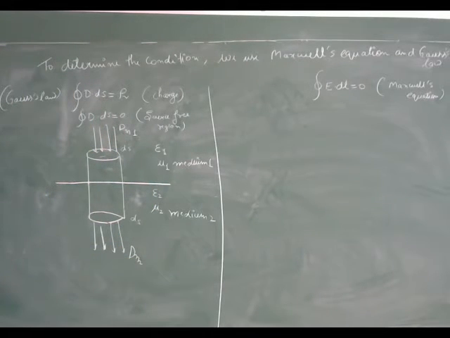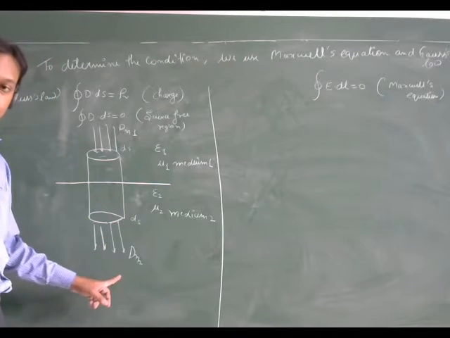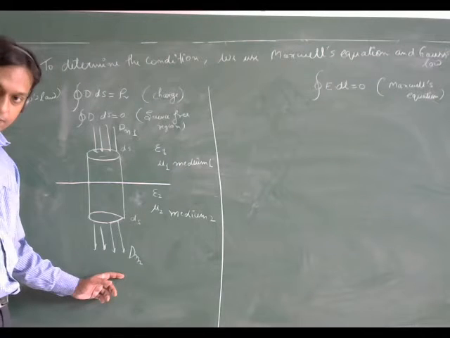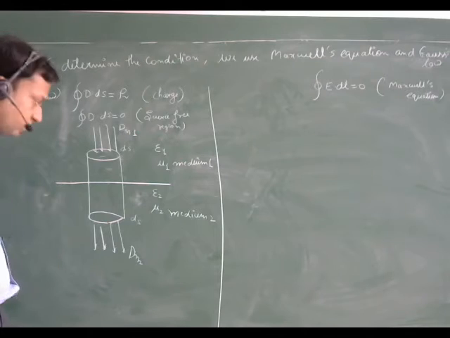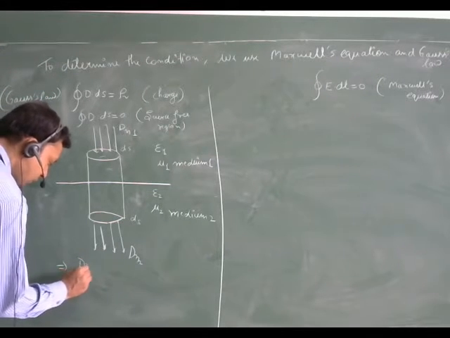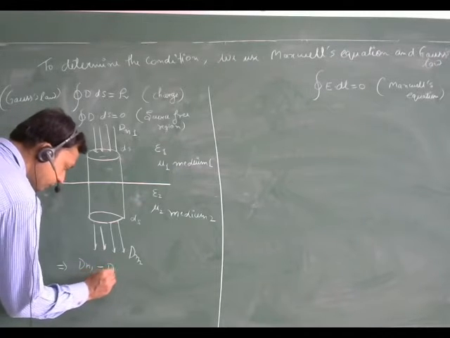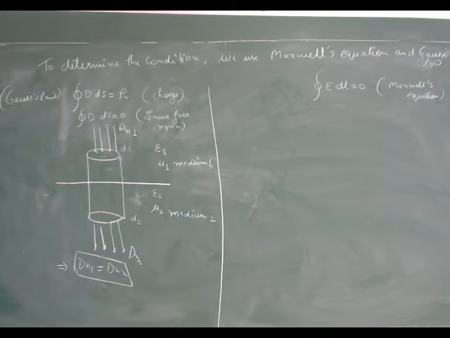So from Gauss law, flux entering this surface will be equal to the flux leaving this surface if the region is source free. So from here we have Dn1 is equal to Dn2. This is the first boundary condition, where we have Dn1 equal to Dn2.